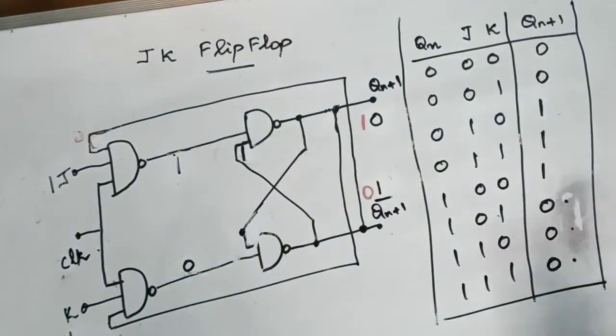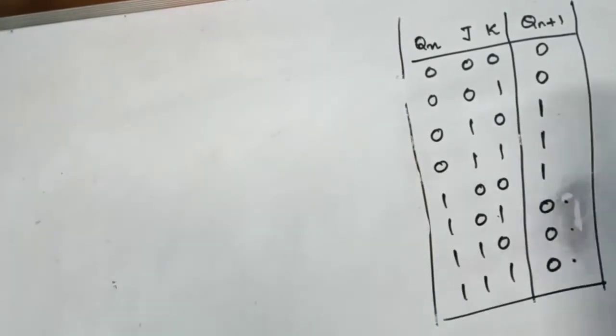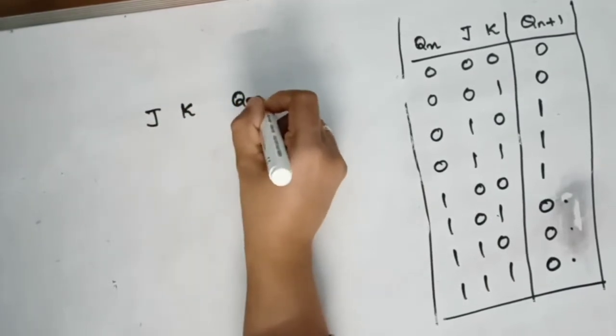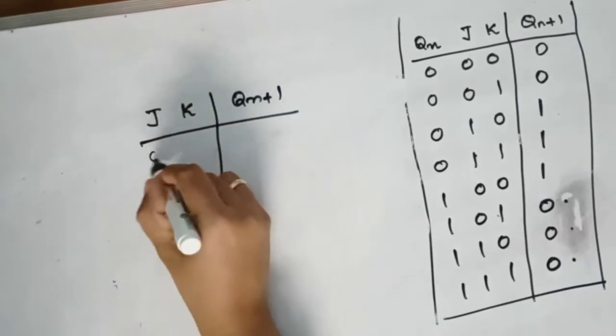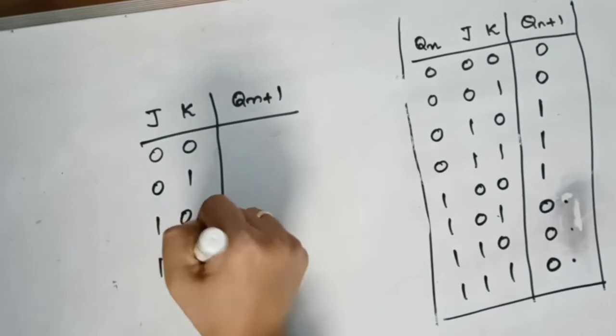Now this is the total characteristic table of a JK flip-flop. So we will write the minimized characteristic table. So that will be J, K, Qn plus 1, 0, 0, 0, 1, 1, 0, 1, 1.